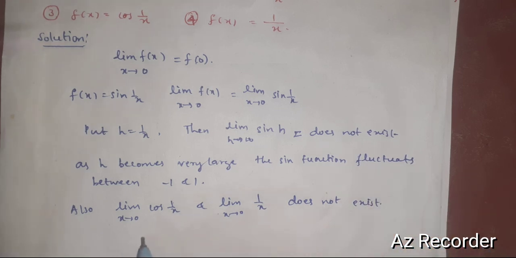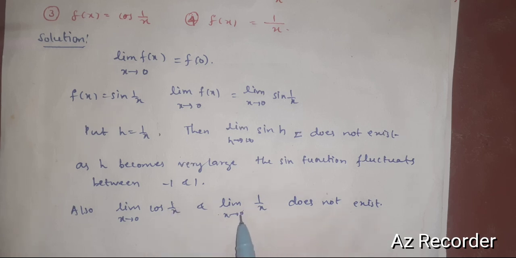As x tends to 0, 1 by x becomes infinity and cos of that is undefined. Also as x tends to 0, 1 by 0 is undefined. So these limits do not exist.